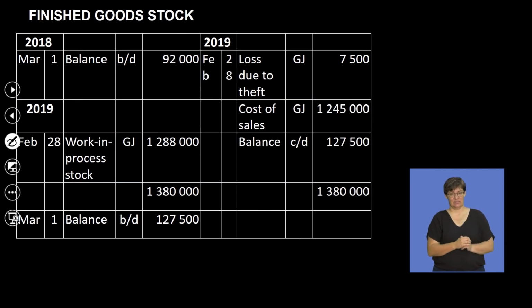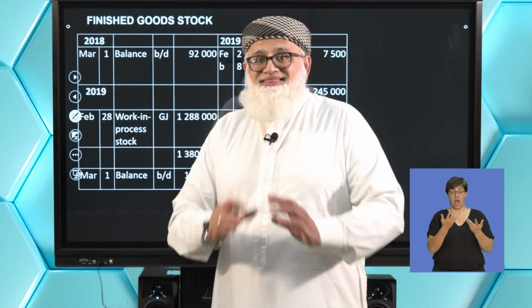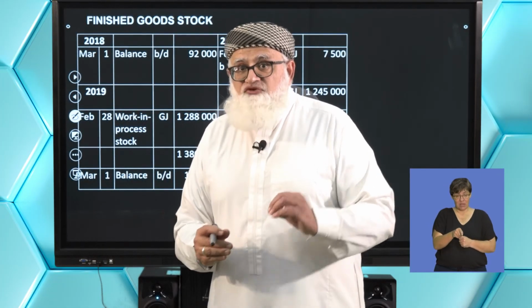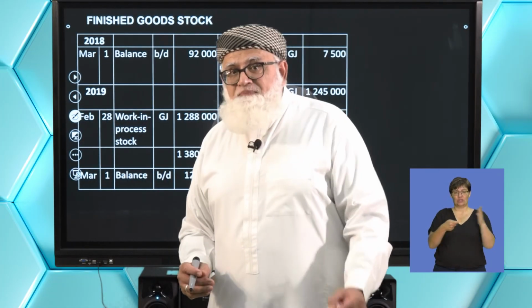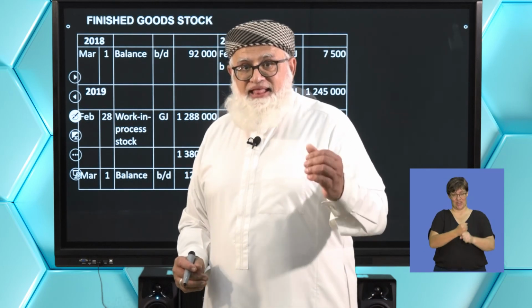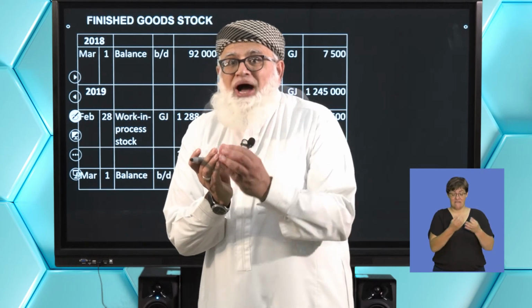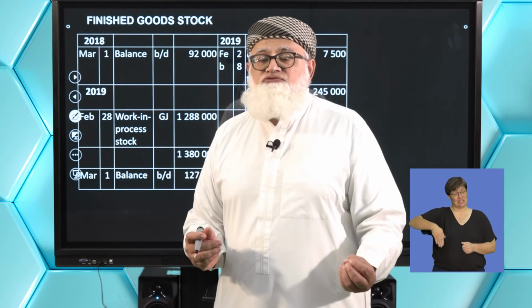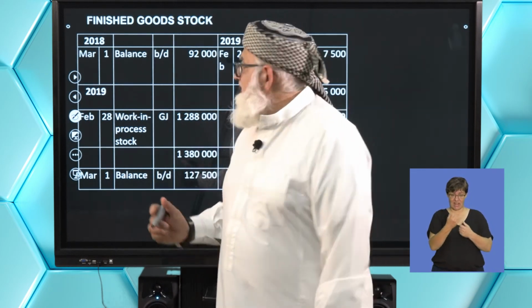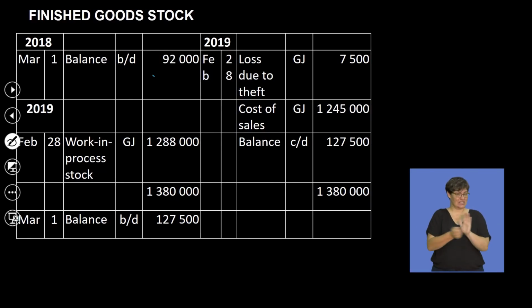In terms of finished goods, these are the goods that we have on our shelves at the beginning of the year. This would mean the value of goods that were unsold at the beginning of the financial year. That's my opening balance of 92,000 Rand. Again, it's a given figure.